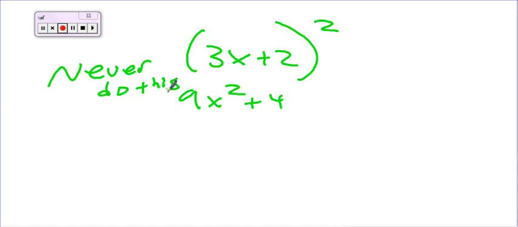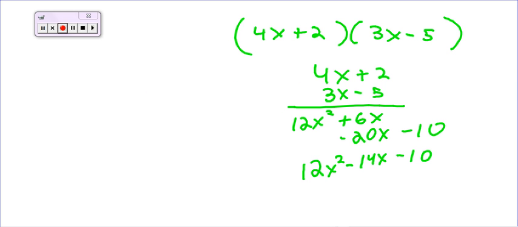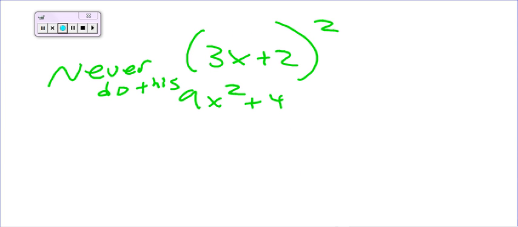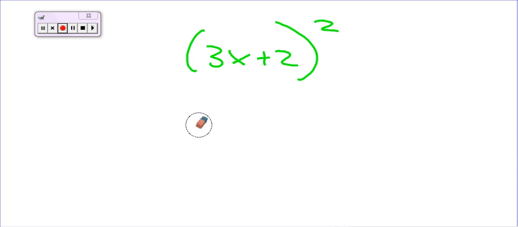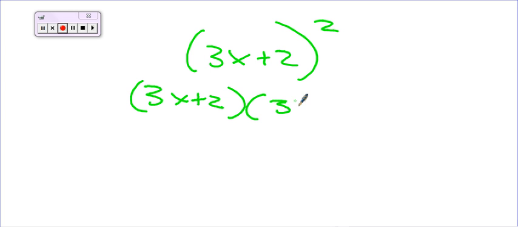Never, ever, ever do that. It's not that easy. Remember the rule: we multiply each term in the first by each term in the second. Does that happen there? Do you multiply each term in the first by the second? No, that's why that's wrong. So let's erase it.